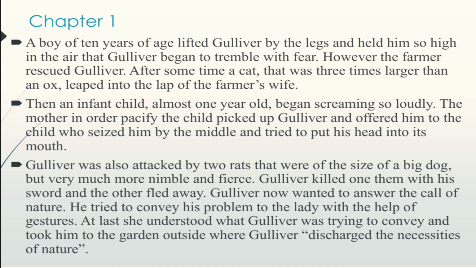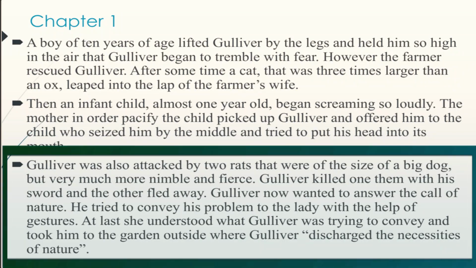The mother, in order to pacify the child, picked up Gulliver and offered him to the child, who seized him by the middle and tried to put his head into its mouth. So for a child of 1 year, Gulliver was just like a toy, and the child started sucking the head of Gulliver.